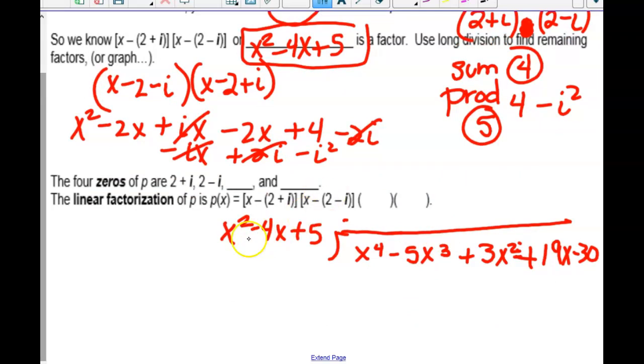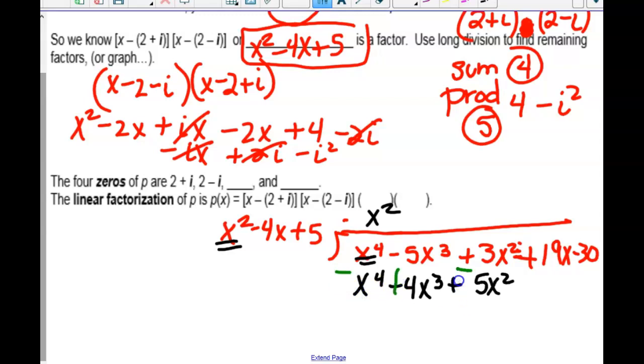Long division. X squared becomes x to the 4th within x squared. So I get x to the 4th minus 4x cubed plus 5x squared. Changing colors, subtract. This becomes add, subtract. Okay, then I have a negative 1x cubed and a negative 2x squared, and I could bring down a 19x.